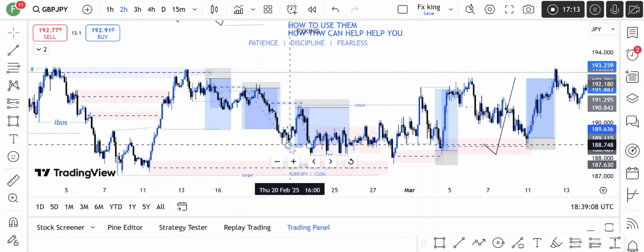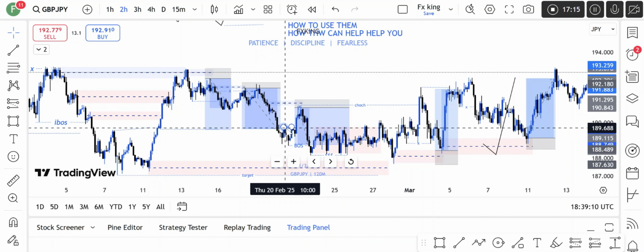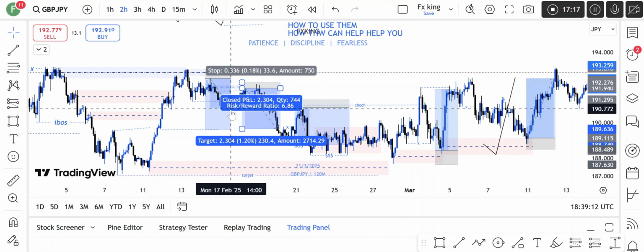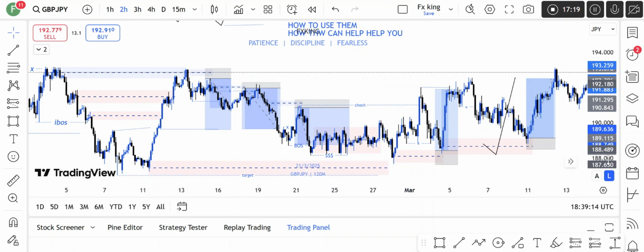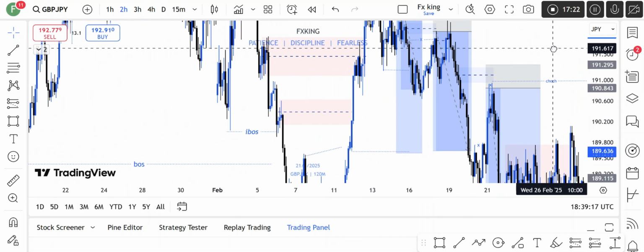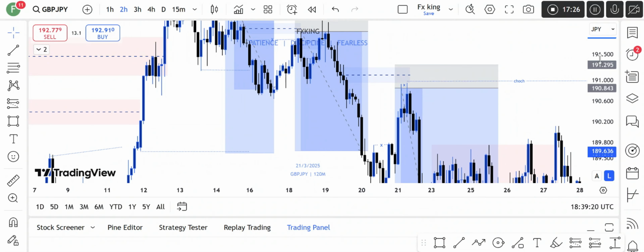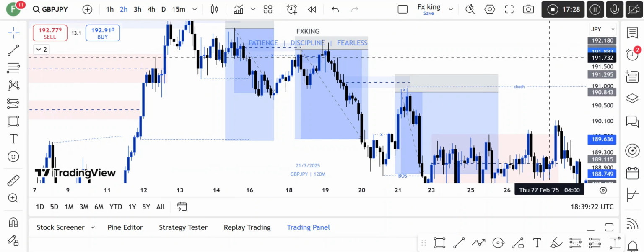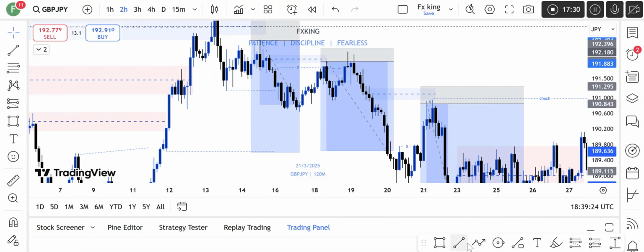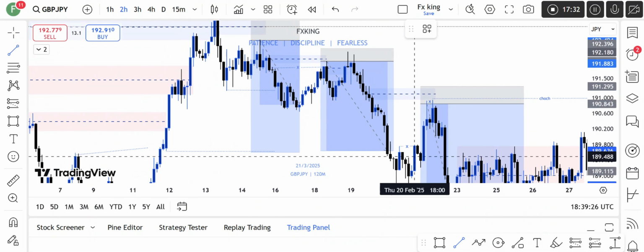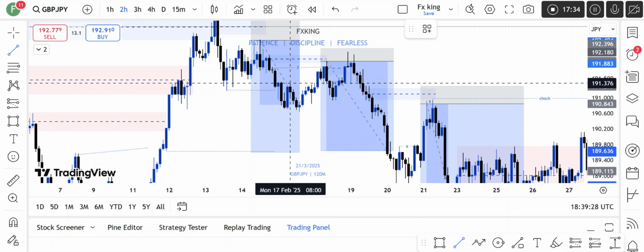If you look at this here, you see that we had this zone. We had a break of structure here. Allow me to zoom out so that you can see better. Look here, we have our inducement here.